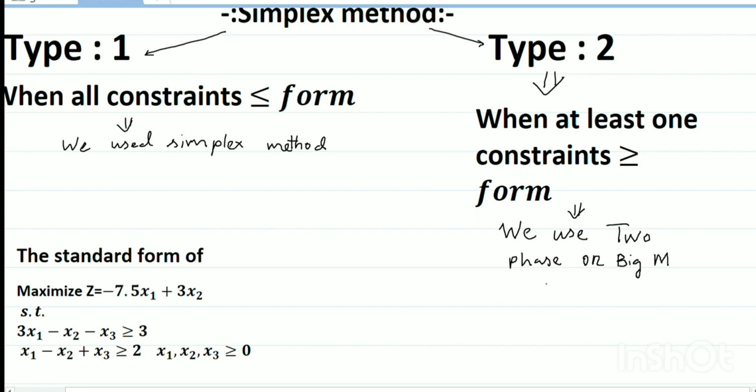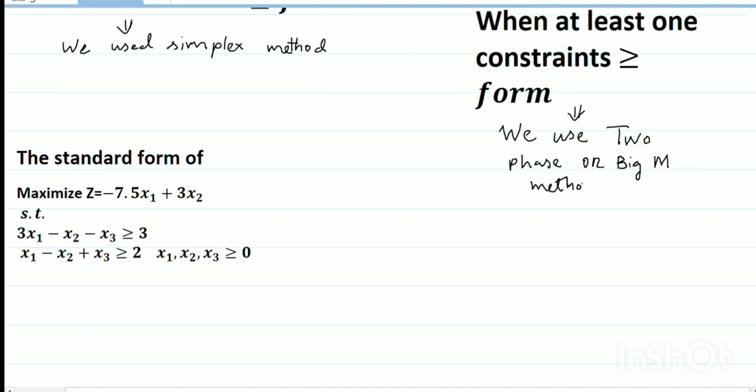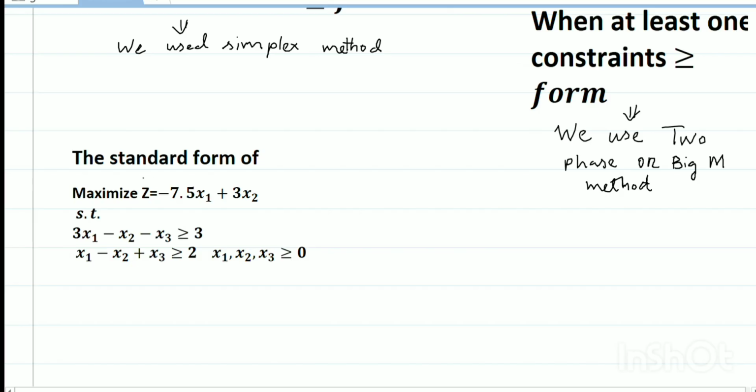So another is the BGAM method. So let's talk about a standard form.